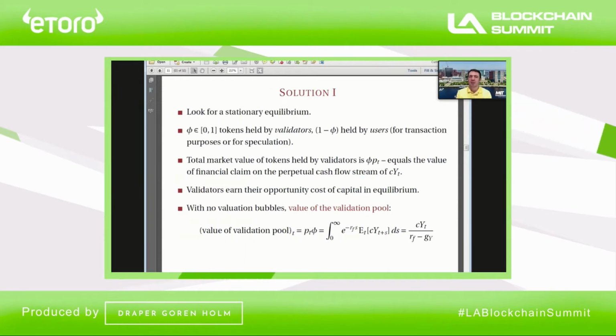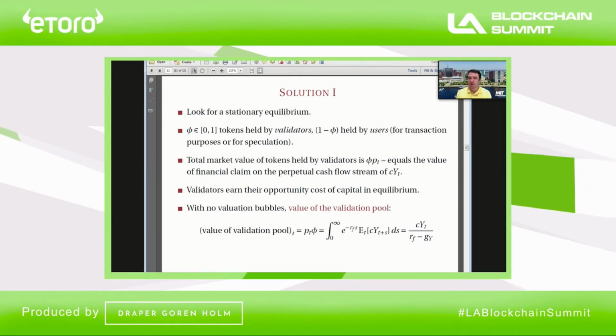Now we look for a stationary equilibrium in which the total fraction of tokens held in the validation pool is a constant over time. We call that fraction phi, which means that the total market value of the validation pool is phi times P. That means that it's the fraction of the total value of tokens in the system.